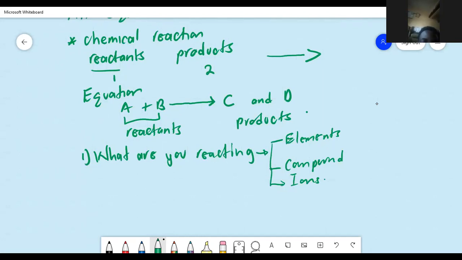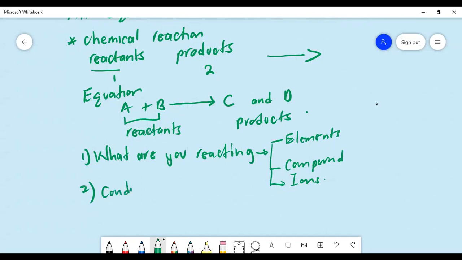Two, what are the conditions for the reaction to take place? Maybe magnesium, what are the conditions? Either you heat, or maybe room temperature, or maybe a catalyst.